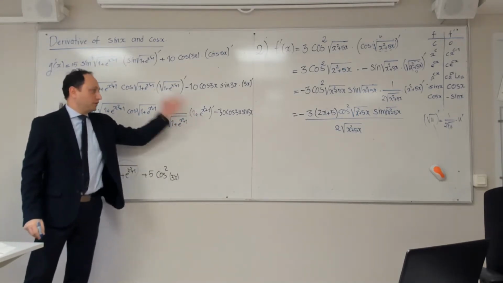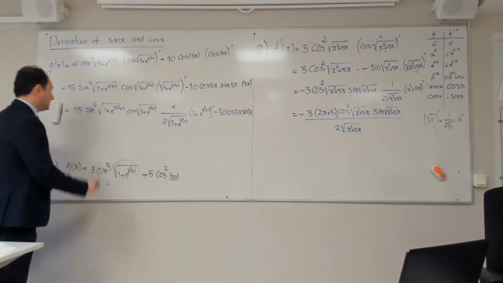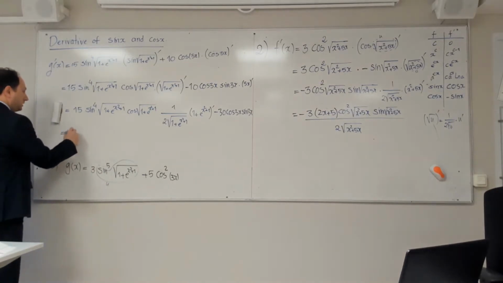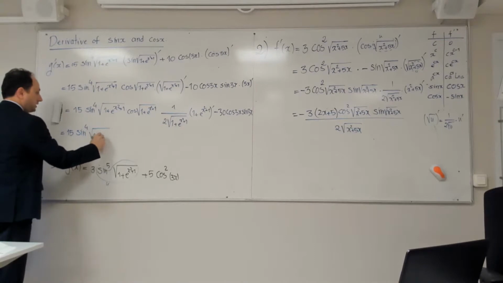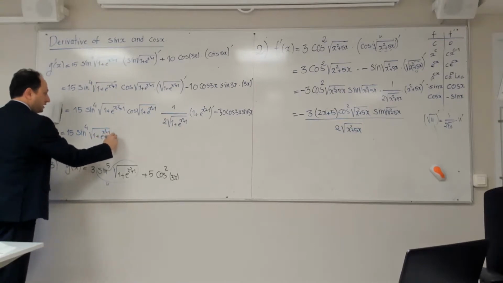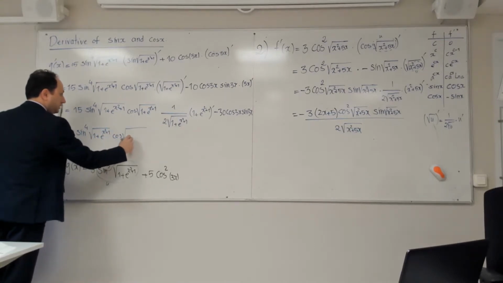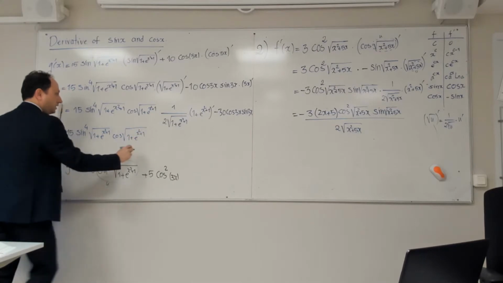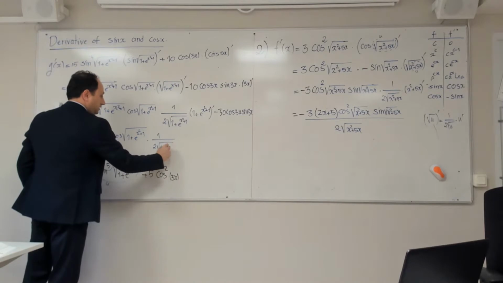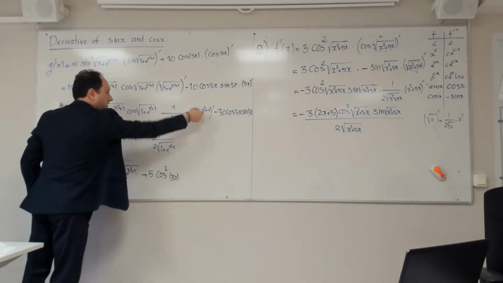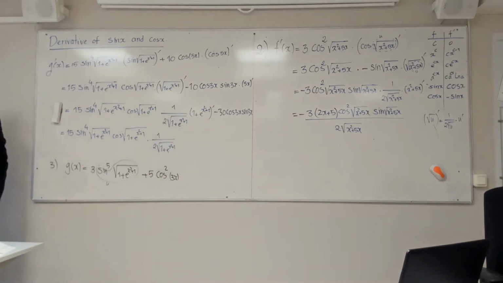But the derivative of 1 is 0, so I need to focus on the derivative here. So this becomes finally 15 sine to the 4 of square root of 1 plus e to power x squared plus 1, cosine of square root of 1 plus e to power x squared plus 1, multiplied by this. Okay, now can you do this in your head? What is the derivative of 1 plus e to power x squared plus 1?